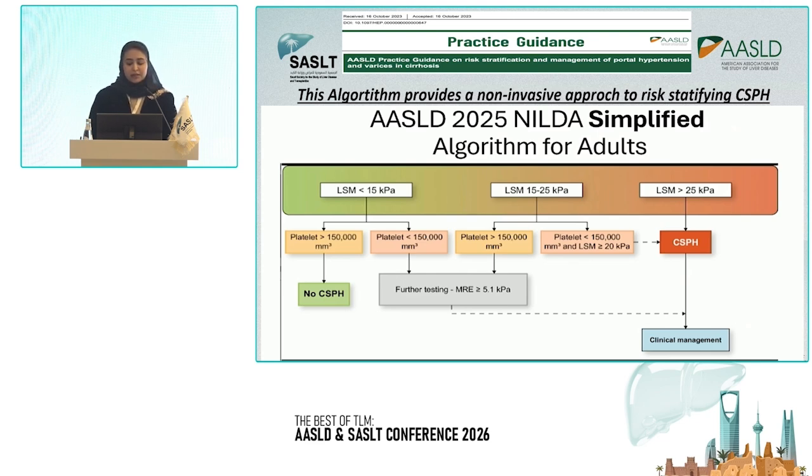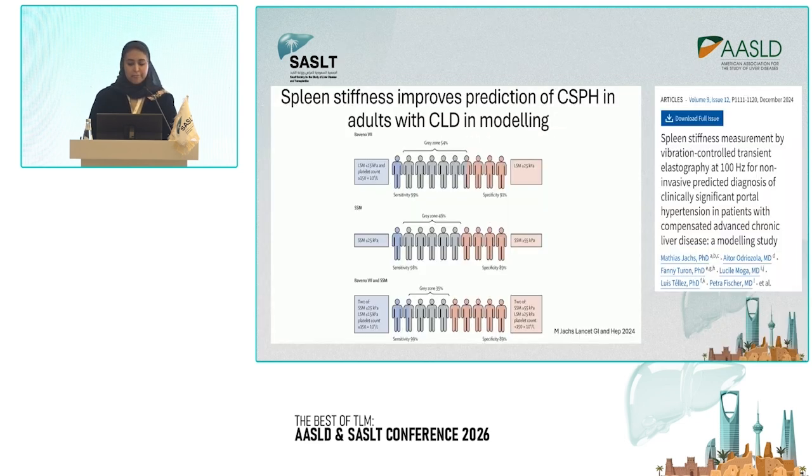But if the platelets are less than 150 with high liver stiffness measures of more than 25, this is a clear diagnosis of clinically significant portal hypertension, and the patient needs clinical management, surveillance and treatment for portal hypertension.